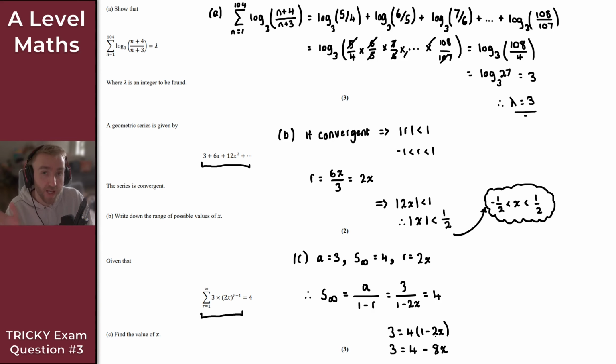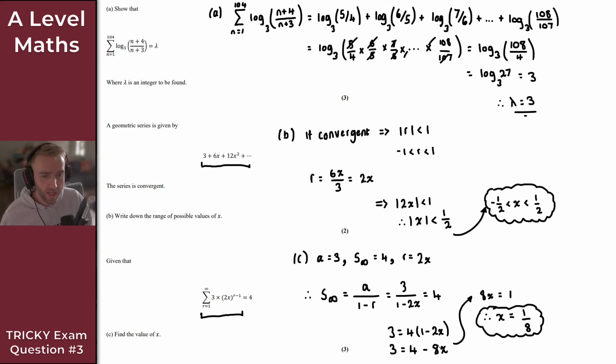So I'm going to add 8x to both sides here and subtract 3 from both sides. I am running out of room here, so let's just see if we can make it on. So 8x is equal to 1. 4 minus 3 is 1, right? And then finally, we just want x here. x is equal to 1 over 8. Perfect. Good stuff. There we go.